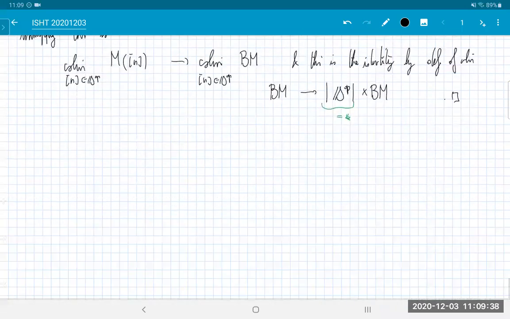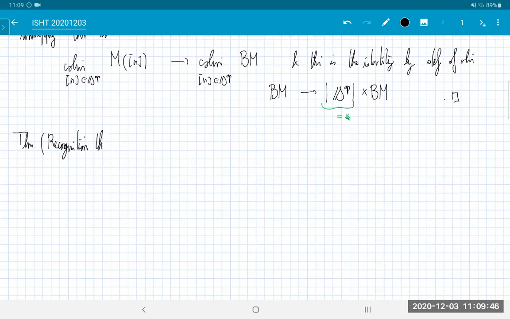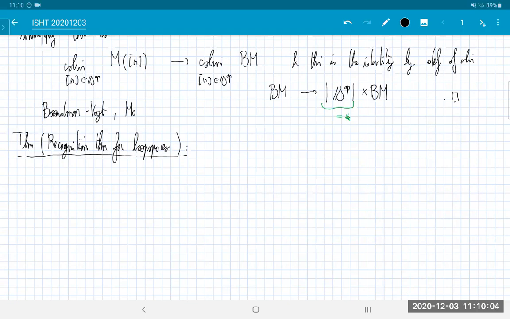Okay, then let me state the recognition theorem for loop spaces. There's a theorem, and maybe I should say some names here. Boardman-Vogt proved it for the first time. The first proof in print, I think, was due to Peter May.